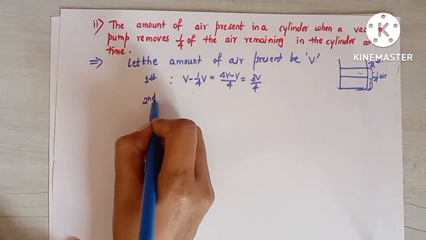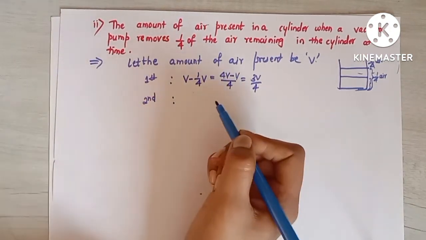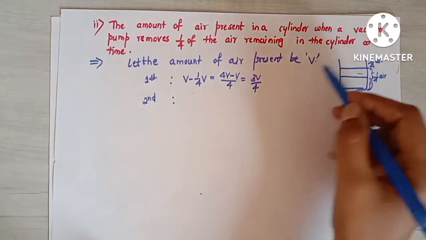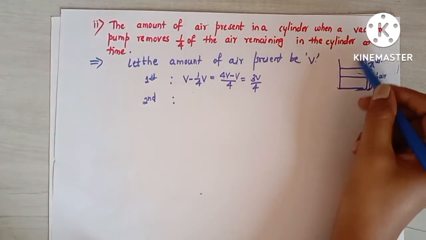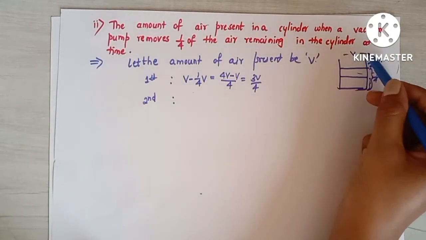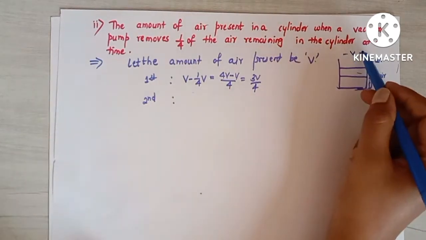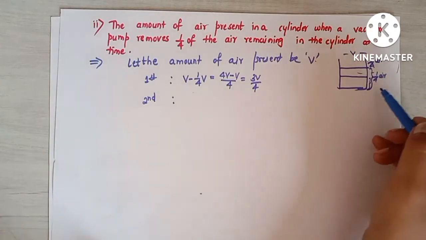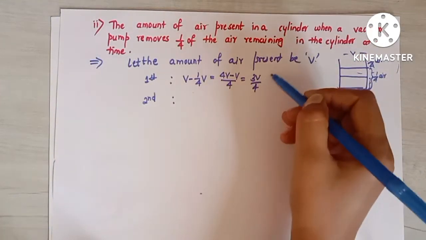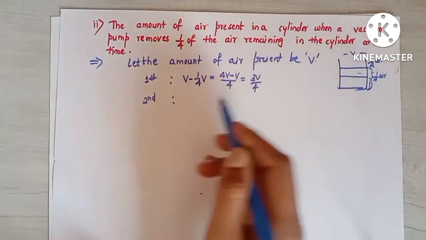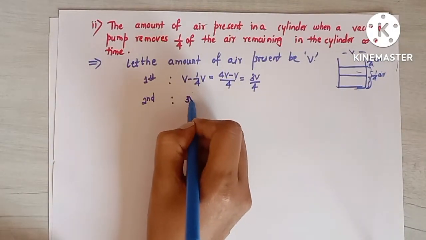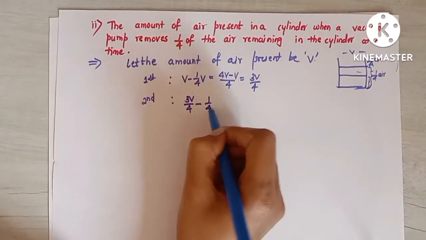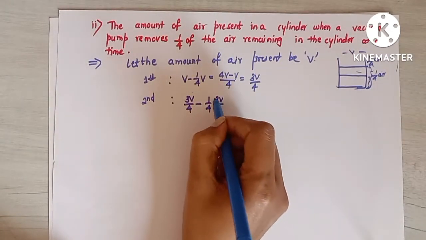For the second pump, the remaining air will be: now this total V has reduced from V to 3V by 4. So from this 3V by 4, we have to remove 1/4 of this 3V by 4. So the remaining air is 3V by 4 minus again 1/4 of this 3V by 4.